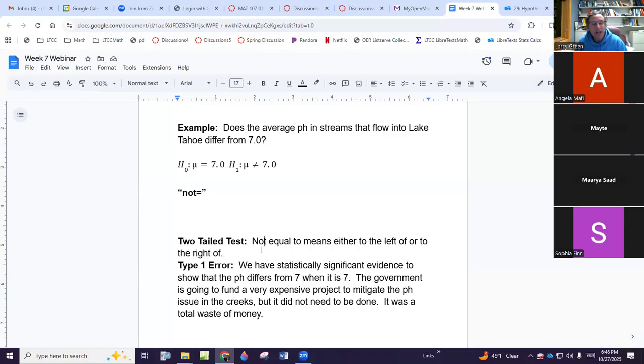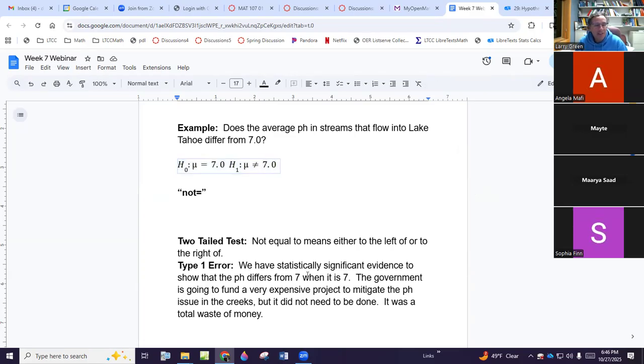Okay. So the next thing is we look at type 1 and type 2 error. It's the same step-by-step process that we did before, but now we're talking about means. That's the only difference, and we have a not equal to sign. So if we have a type 1 error, that means, hey, we're able to show H1. We said H1 is true, but it wasn't.